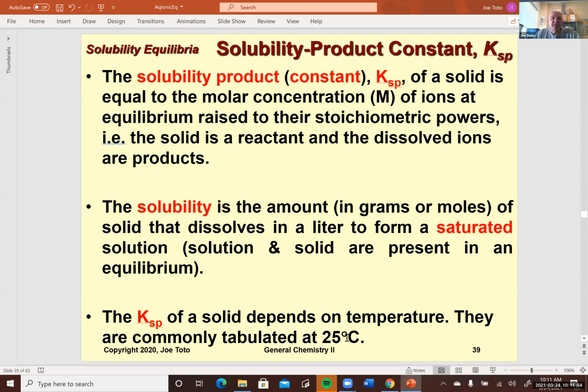And of course, this equilibrium constant, like all other equilibrium constants, is temperature dependent. So the ones you have in your textbook will always be at room temperature. And usually it says on the table what temperature the equilibrium constants refer to.